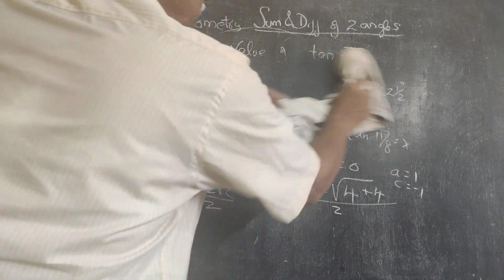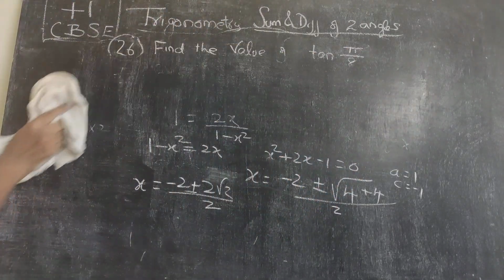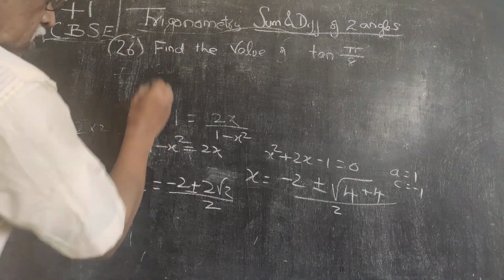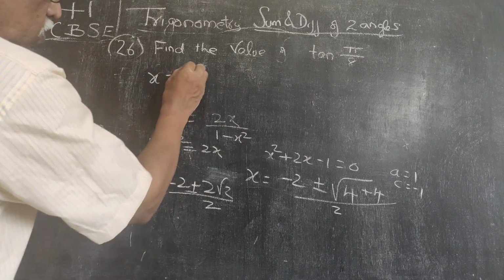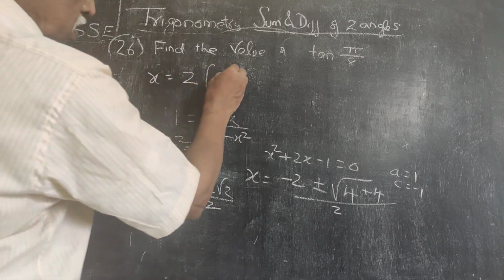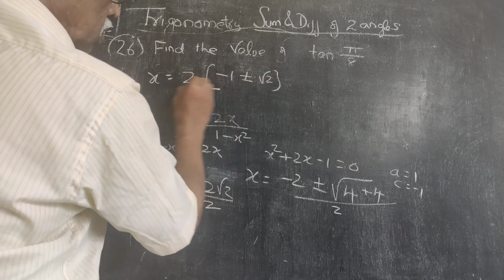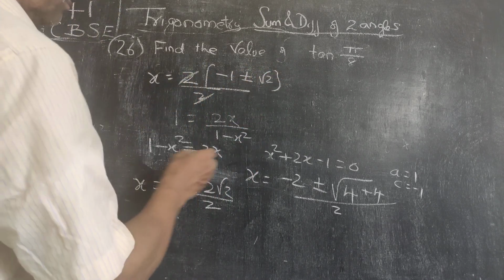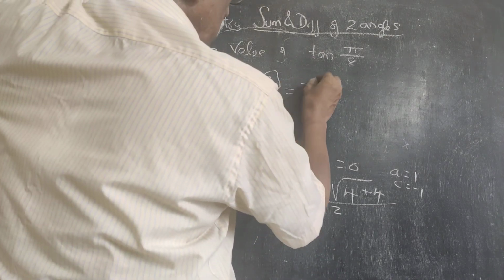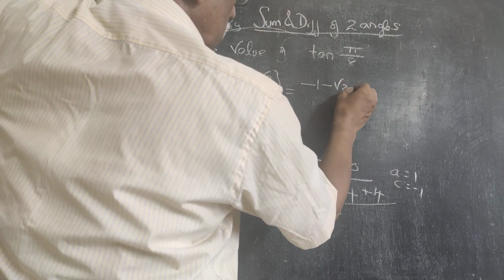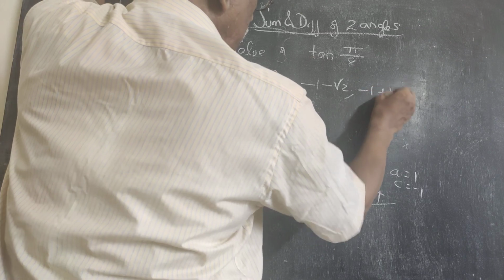Therefore the x value will be, taking 2 common, minus 1 plus or minus root 2, the 2 by 2 get cancelled. So the value of x will be equal to minus 1 minus root 2 or minus 1 plus root 2.